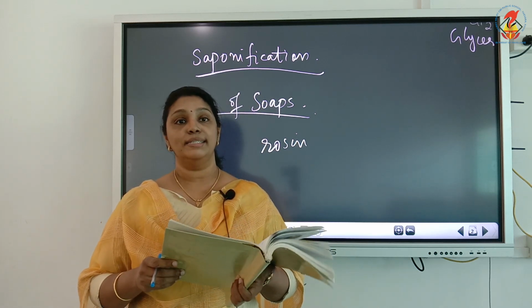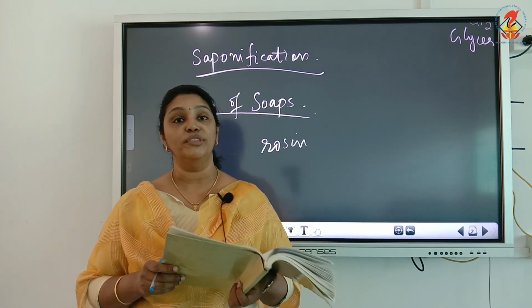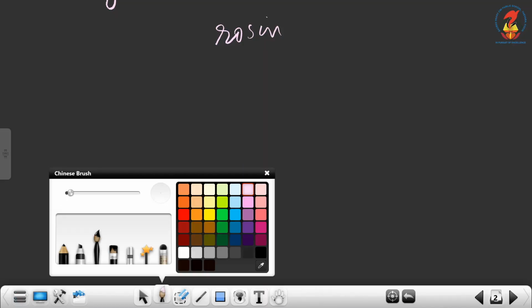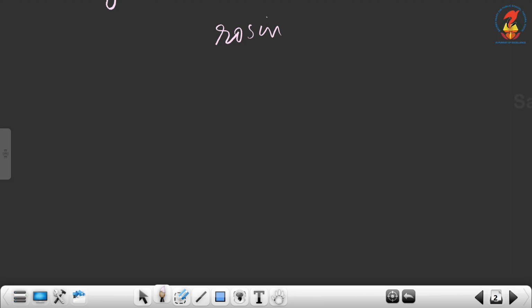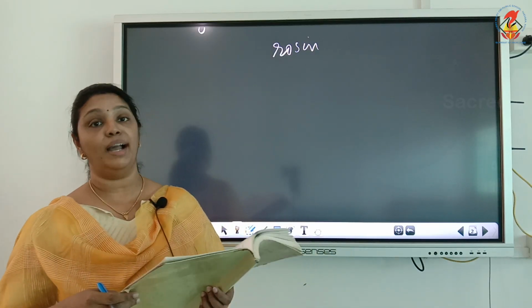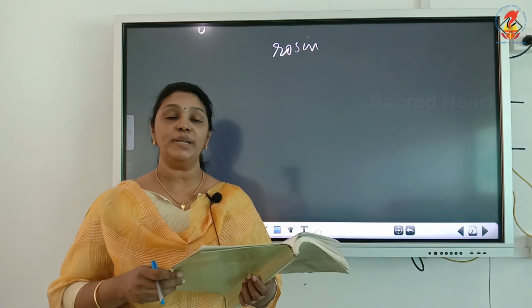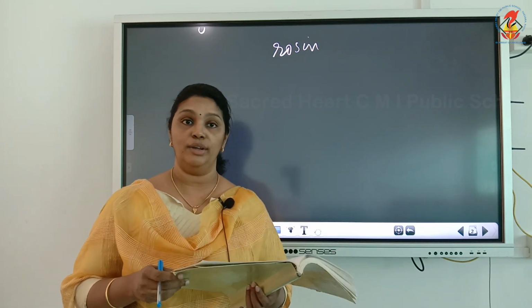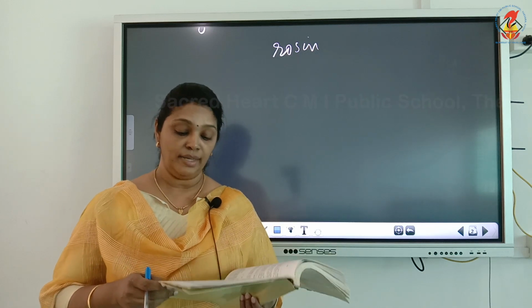Now let's discuss why soaps do not work in hard water. You know what is hard water? Hard water contains calcium and magnesium ions. So when soap is added to hard water, the calcium or magnesium ions will replace the sodium ions.